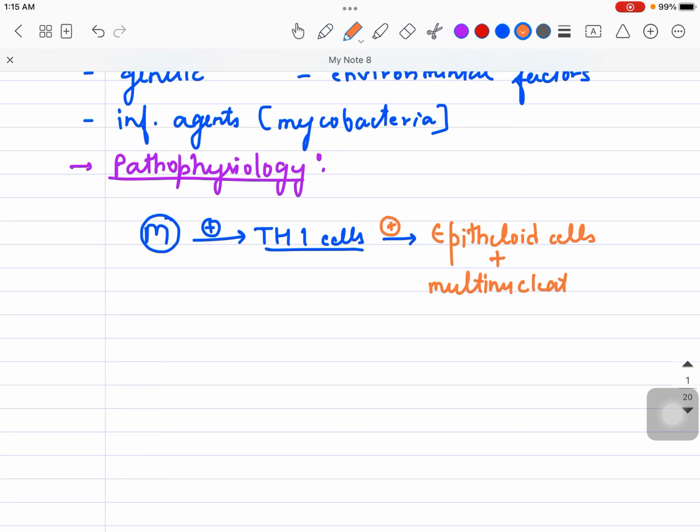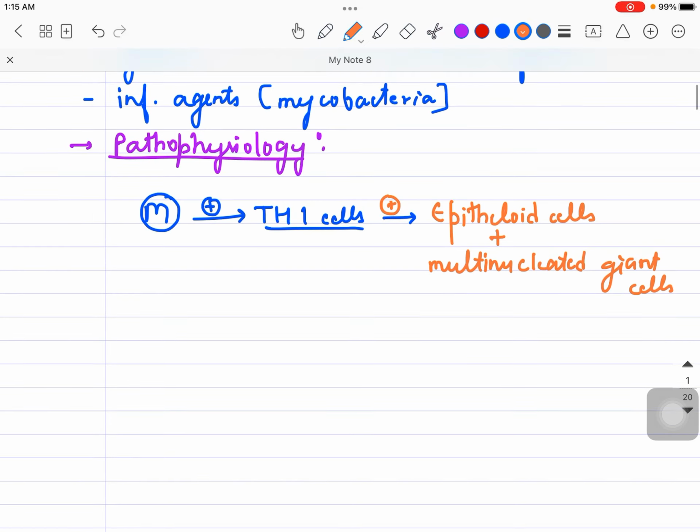So basically granuloma is a formation of multiple things. Once this structure is formed, what will happen after that?